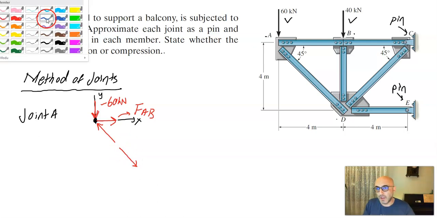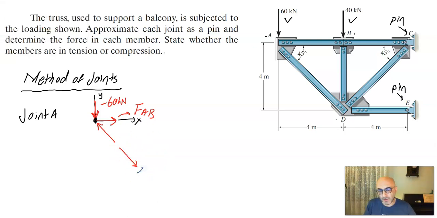Let's say this is member AD here. So this force makes member AD a compression member. So compression on the joint, compression on the member; tension on the joint, tension on the member.